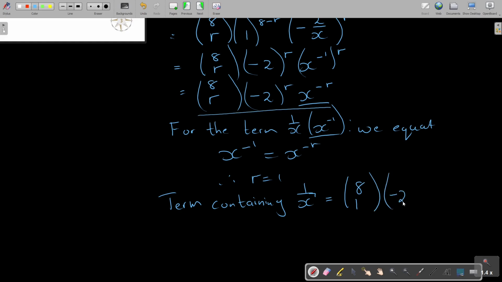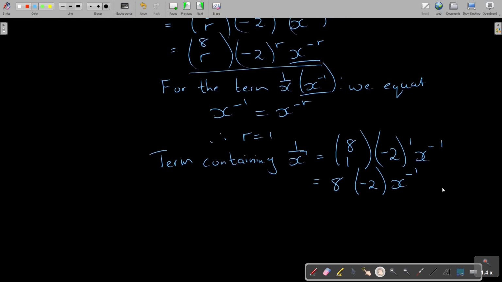So it's negative 2 to the power 1 and then x to the power negative 1, which is, if I press 8 nCr 1, then I'm just going to get 8. This is going to be negative 2, and this is going to be x to the negative 1. But that coefficient is going to be, let's just get my pen, negative 16 x to the power negative 1.